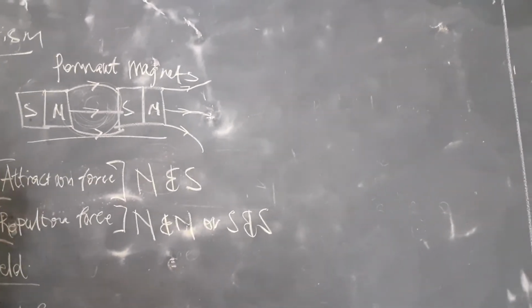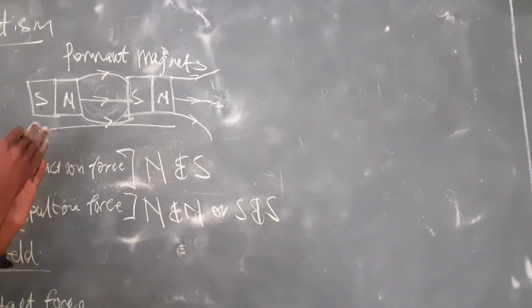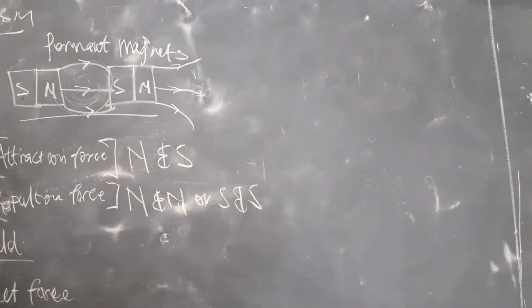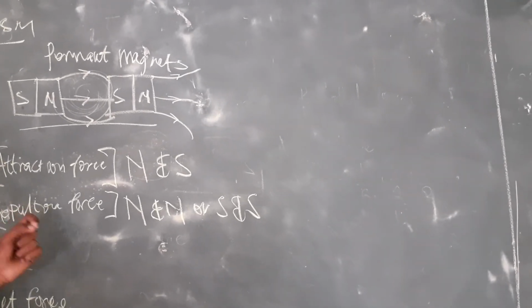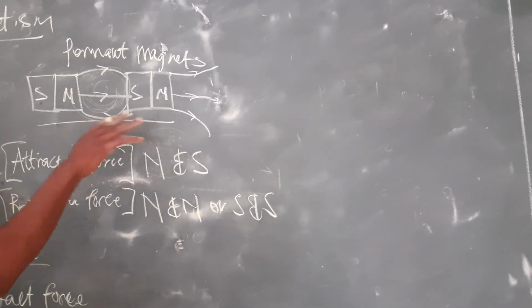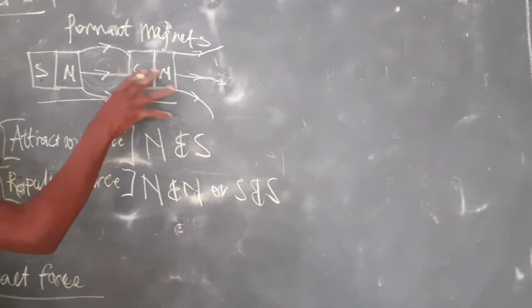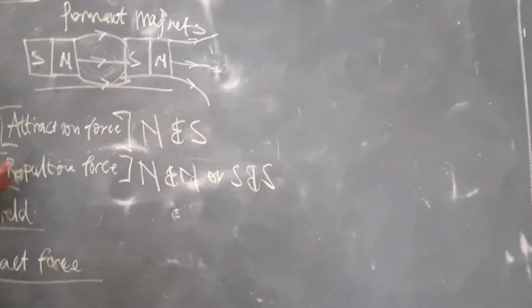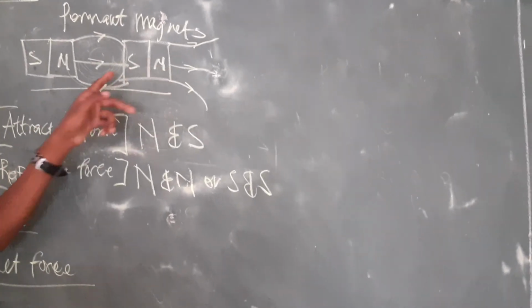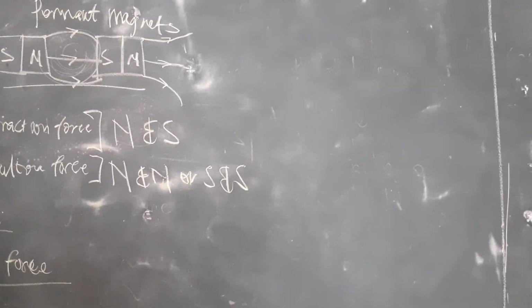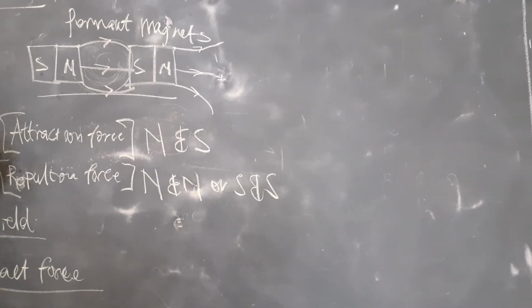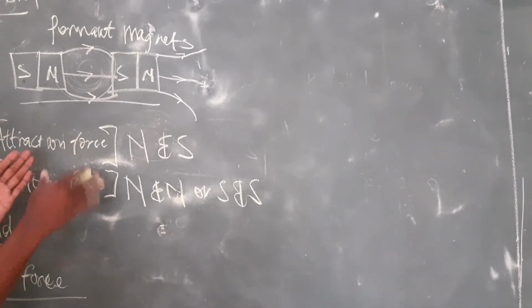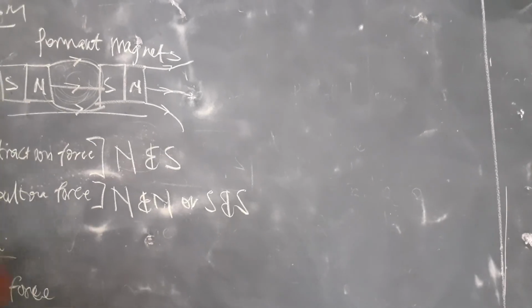So where you see field lines packed close to each other, the field strength is very strong there. The further they go away from the magnets, the weaker they become, and the closer they get to the magnets, the stronger they become. So field strength is strong where the field lines are packed close to each other.